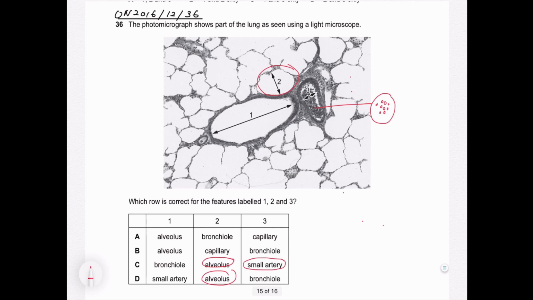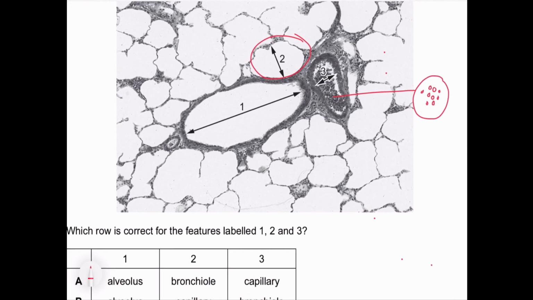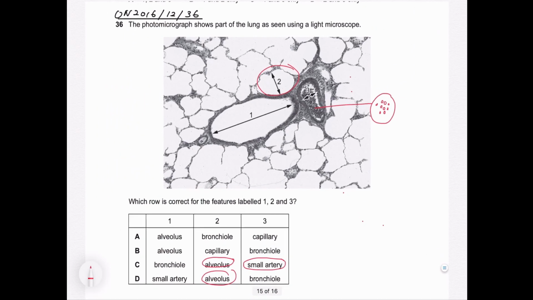And then for number 1, I can't really see any significant cartilage here, and the wall is relatively thin compared to a trachea, so it's most likely a bronchiole. So for this question, the answer will be C.